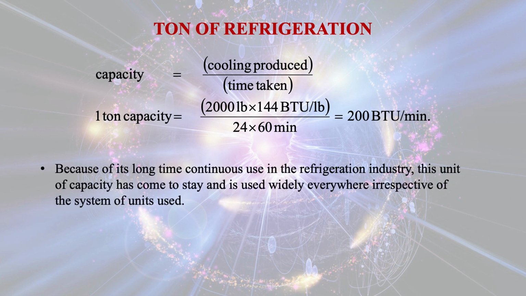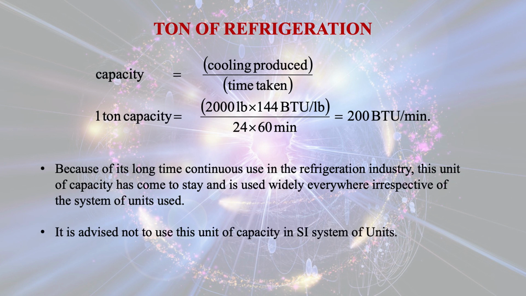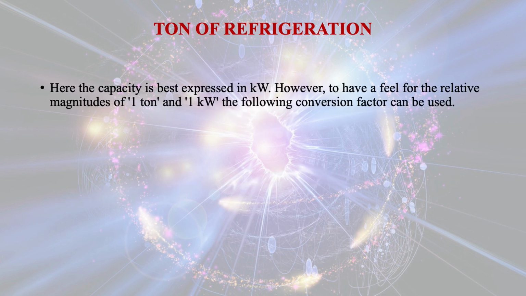Because of its long time continuous use in the refrigeration industry, this unit of capacity has come to stay and is used widely everywhere irrespective of the system of units used. It is advised not to use this unit of capacity in the SI system of units. Here the capacity is best expressed in kilowatt.